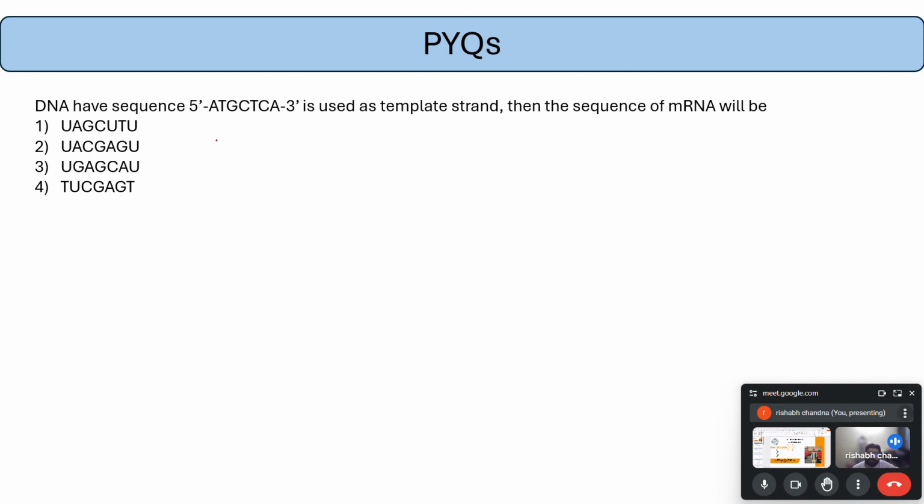So we have a DNA sequence ranging from 5 prime ATGCTCA to 3 prime. This is used as a template strand, and what will the sequence of the mRNA be? As we discussed in the initial classes of transcription, there are two strands of DNA with polarity, and RNA will be transcribed in the 5 prime to 3 prime direction only.